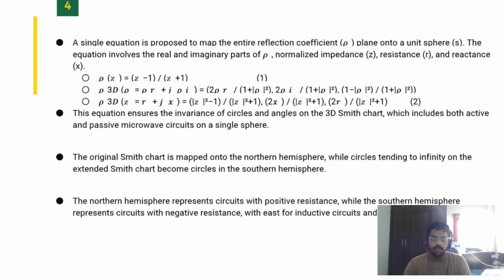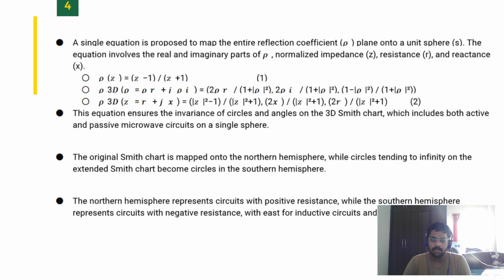And now a single equation was proposed to map the entire reflection coefficient rho plane onto a unit sphere. The equation involves the real and imaginary parts of rho, normalized impedance Z, resistance R and reactance X. Now rho as a function of Z equals (Z minus 1) by (Z plus 1).